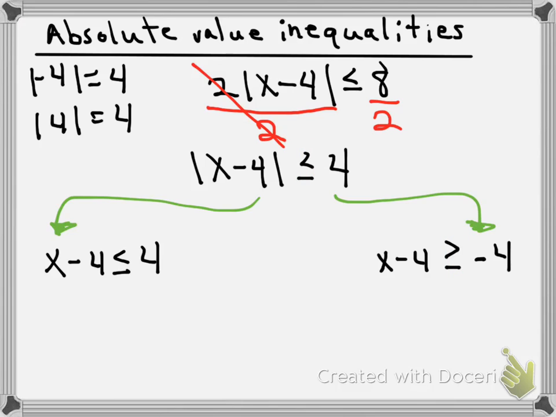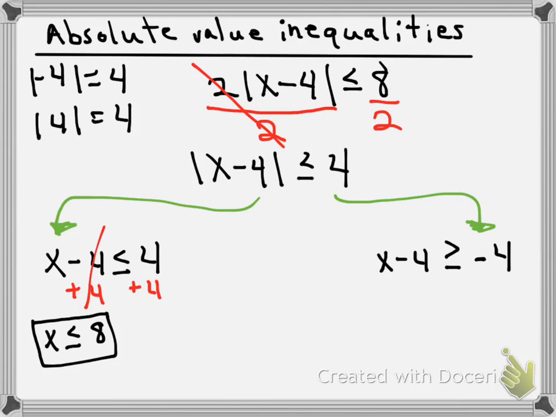The next step is just to solve them like we would any other equation. Go ahead and isolate for x. On the original one, x minus 4 is less than or equal to 4. We can go ahead and add 4 to both sides to move that 4 over, so that we get x is less than or equal to 8. That is one of our answers.